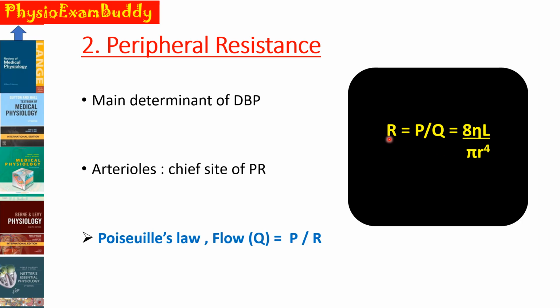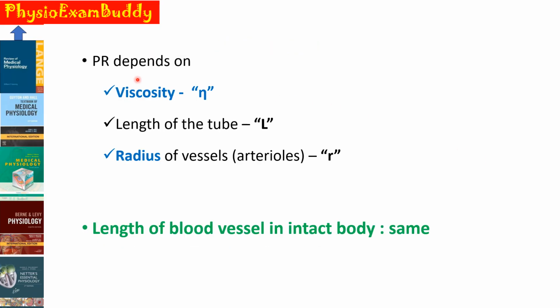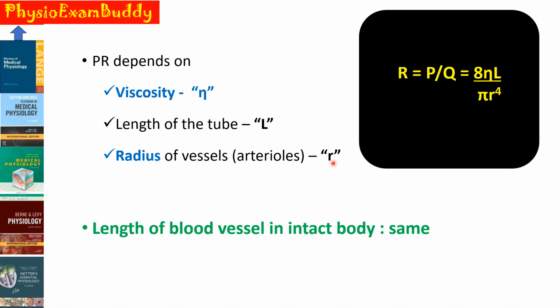So R is the peripheral resistance and eta is the viscosity. Capital L is the length of the blood vessel and small r is the radius of the arterioles. So peripheral resistance mainly depends upon the viscosity, eta, the length of the tube, capital L, and the radius of the vessels or the arterioles, which are the main site of the peripheral resistance, represented by small r.